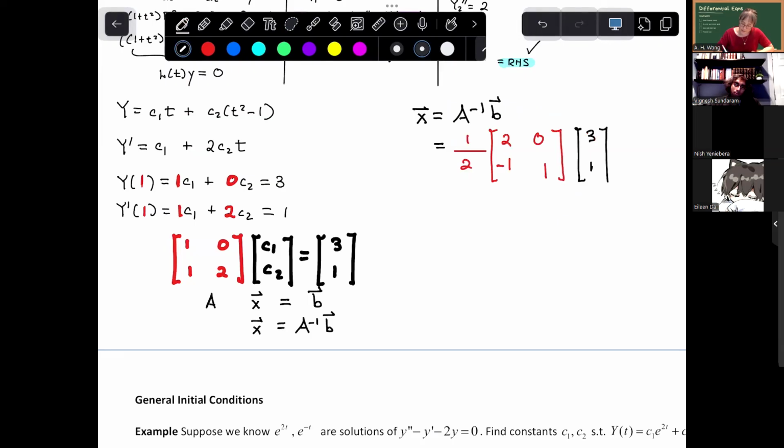Now, technically, you're supposed to go scale, scale, scale, scale, but you're allowed to go ahead and save this for last so that you don't have that many fractions. So here, what you're going to do is you go row column. And what that means is 2 times 3, 0 times 1, and that's going to be 6. And you do row column, okay?